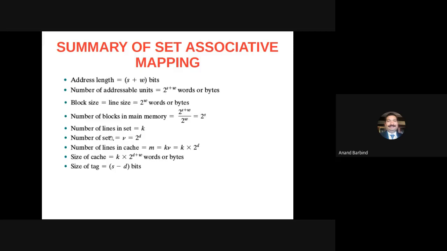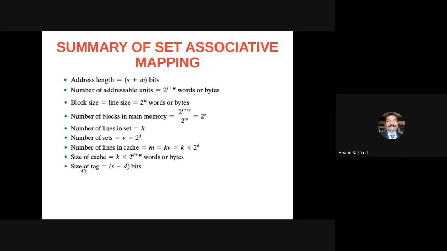The number of sets is V, that is 2 to the power D. The number of lines in the cache is M, which can be obtained by multiplying the number of sets by the number of lines in a set, that is K into V, that is K into 2 to the power D. The size of the cache is K into 2 to the power D plus W, that is the number of lines into the number of bytes in one line, and the number of sets.